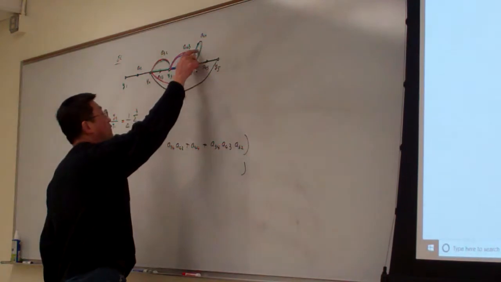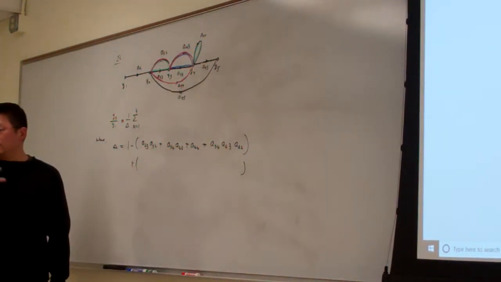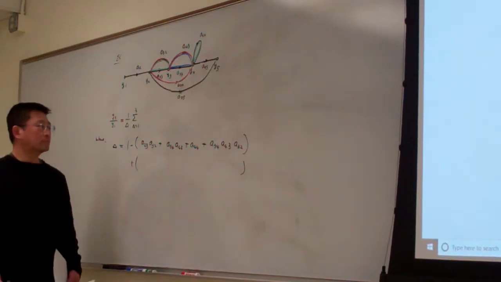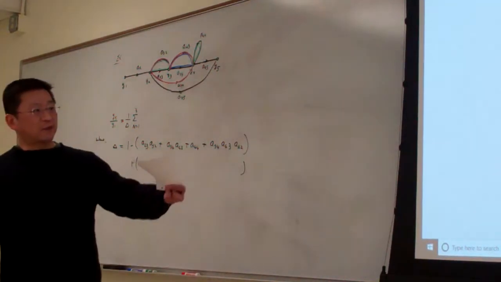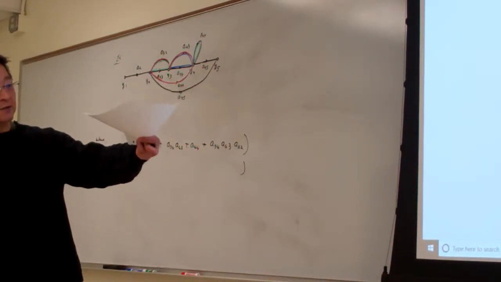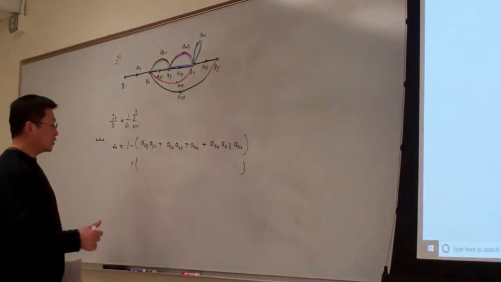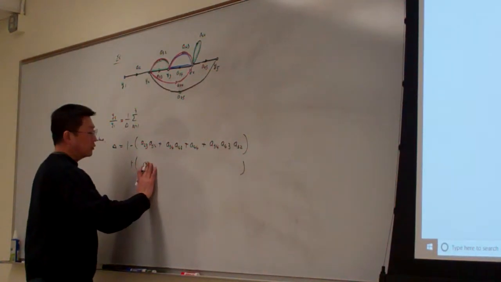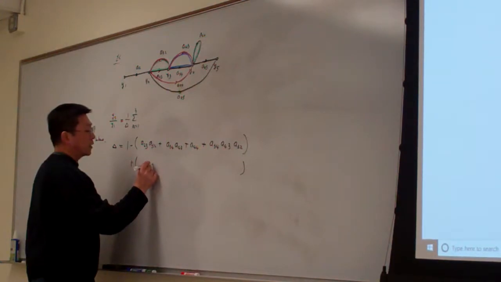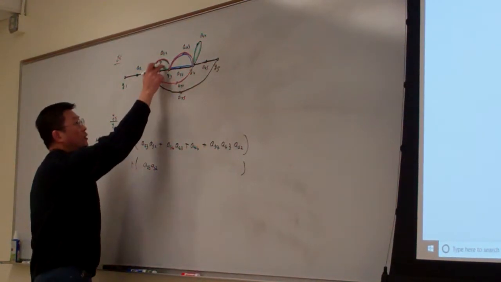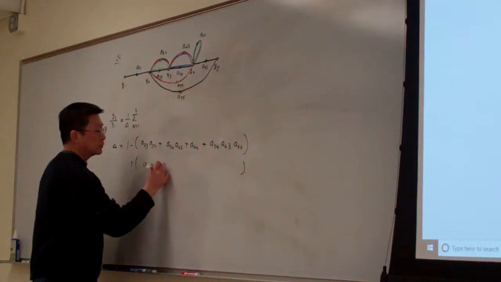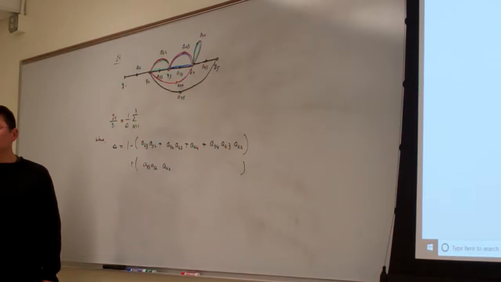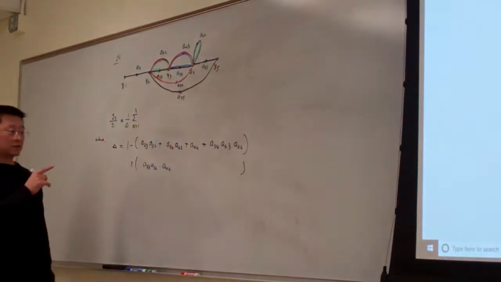Here I identify the green one. These are the only possible two non-touching loops, right? The statement is the product of the gains: A23 times A32 for this loop, multiplied by the gain of this loop. So that is this one.